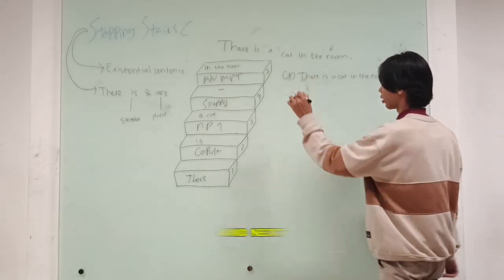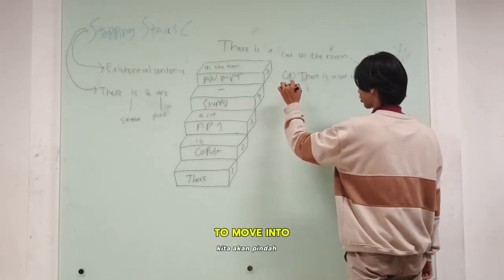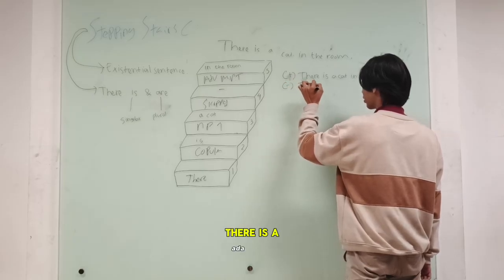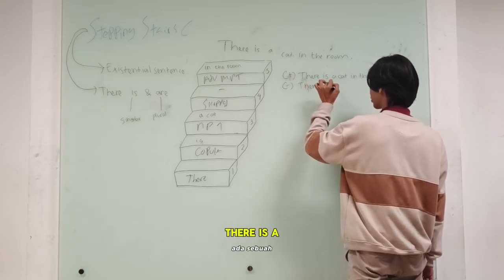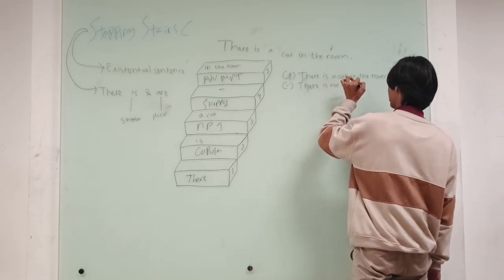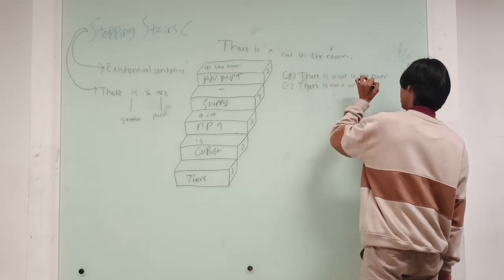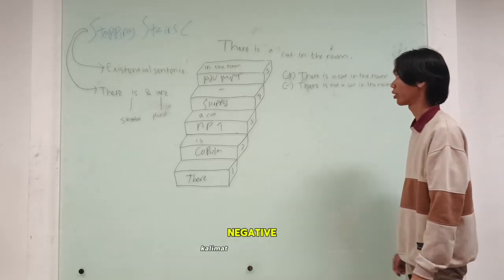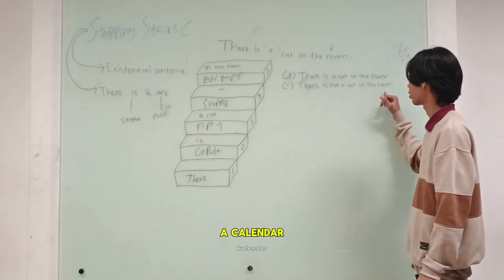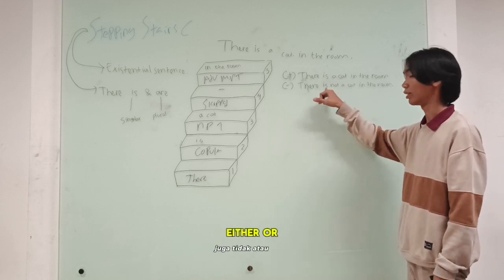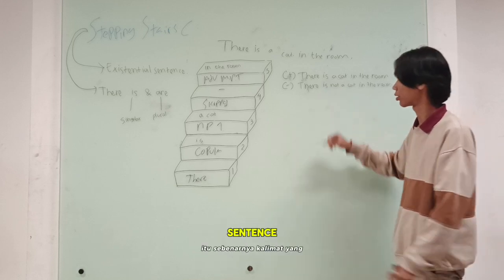Nothing changed. And next, we're going to move into the negative sentence. The negative sentence is: there is not a cat in the room. You can use "is not" or "isn't." It's actually the same sentence.